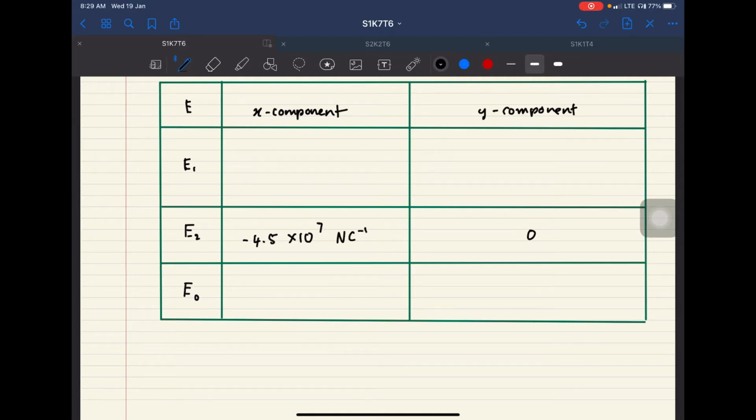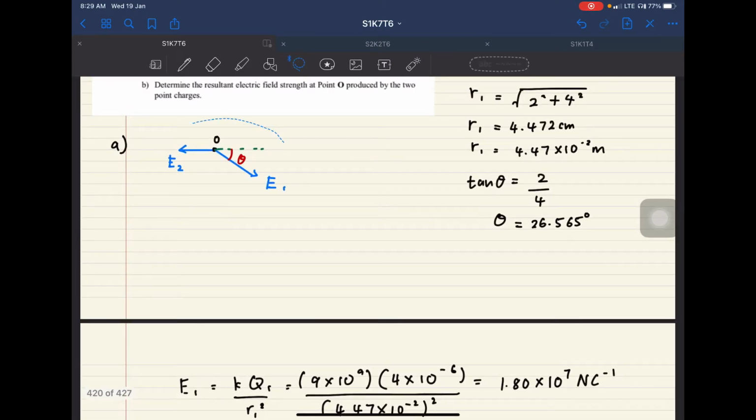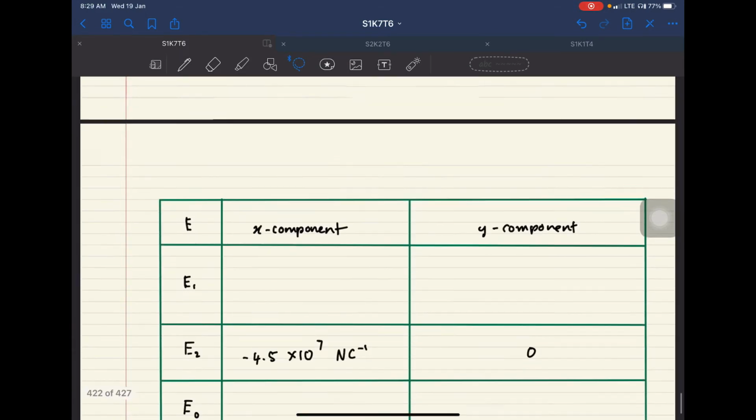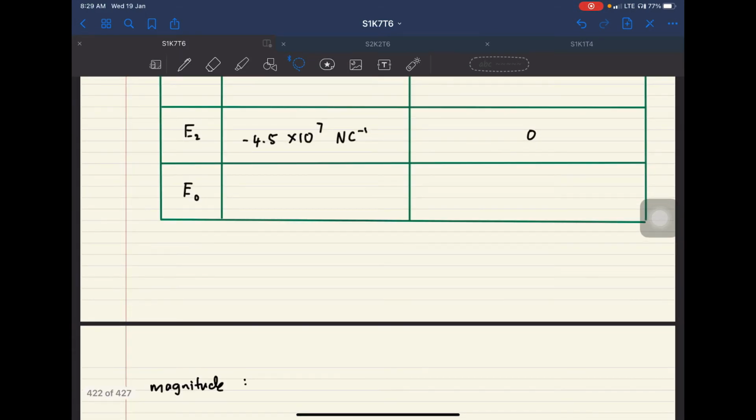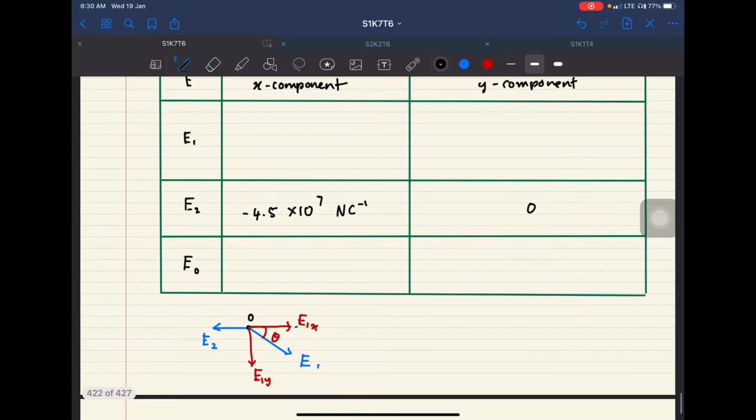And then E1, so I just go back to the diagram over here. The angle is 26.565, so I just place it over here. So you will have E1x to the right and E1y downwards. So E1x is positive.